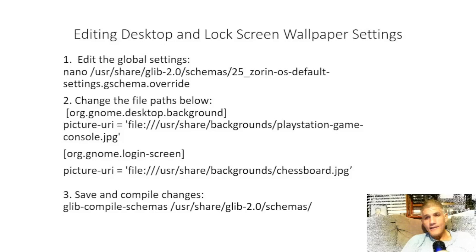We just edit the global settings by typing nano /usr/share/glib-2.0/schemas/true5_zorin-os-default-settings.gschema.override and we change the following paths underneath org.gnome.desktop.background.